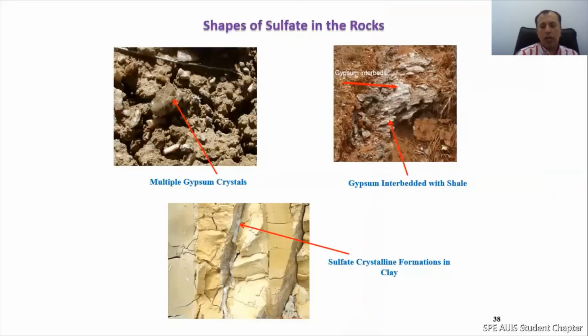due to any reason. Another problem we may see in most areas in Iraq is that when you drill, the formation has gypsum between the rock layers. As we can see, it's gypsum, it's a salt. So that gypsum will be dissolved.